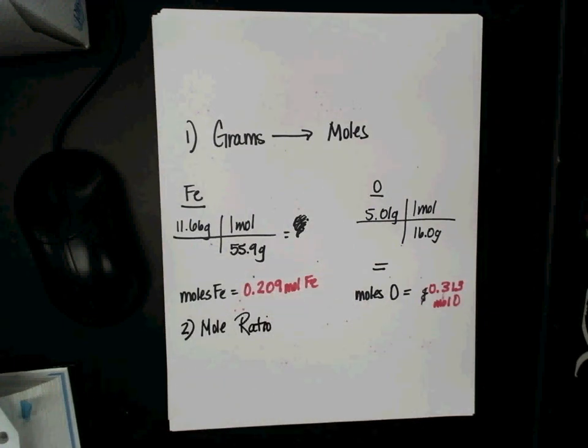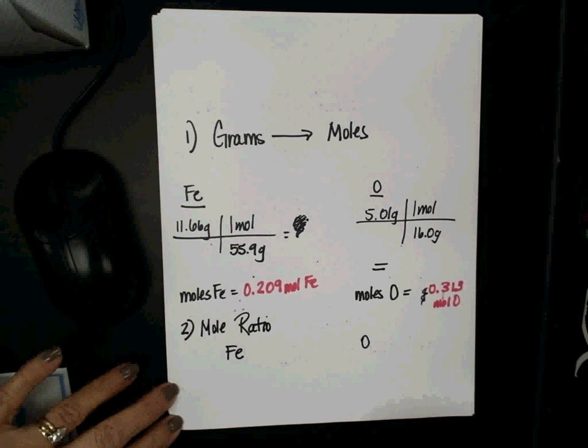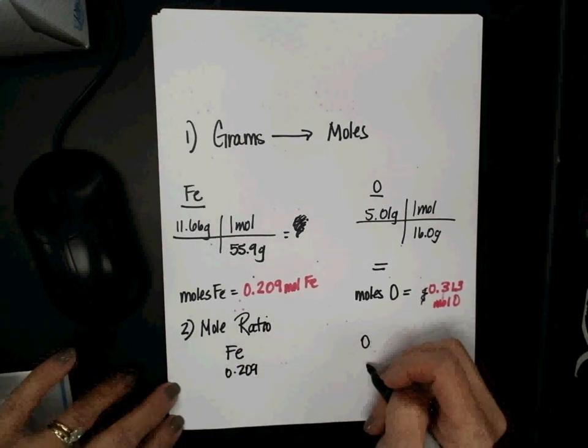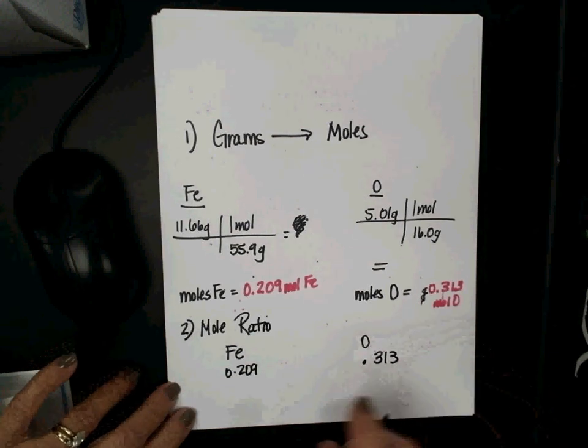So I need to do that. And I'm going to take, again, my largest number of moles divided by my smallest number of moles. So I always like to see what elements you're working with. We've got Fe and we've got O. Fe was 0.209 and O was 0.313.